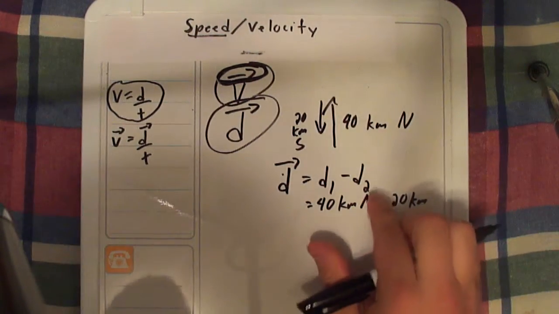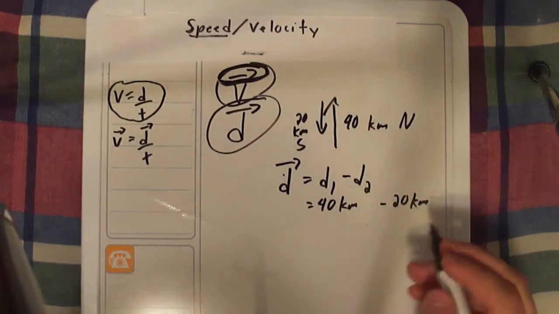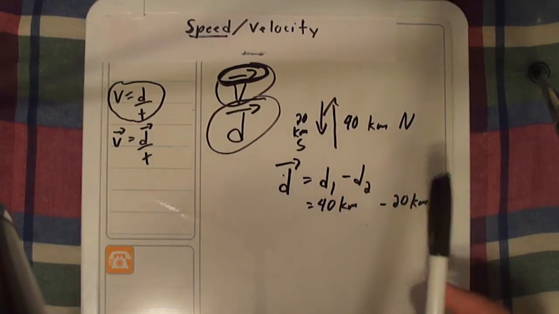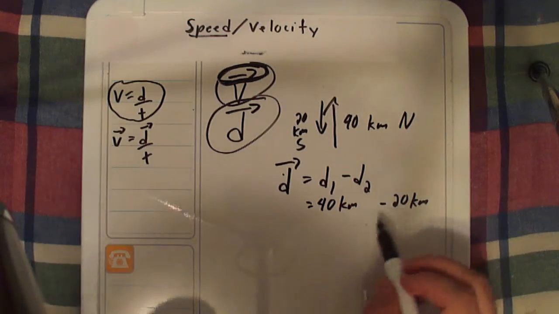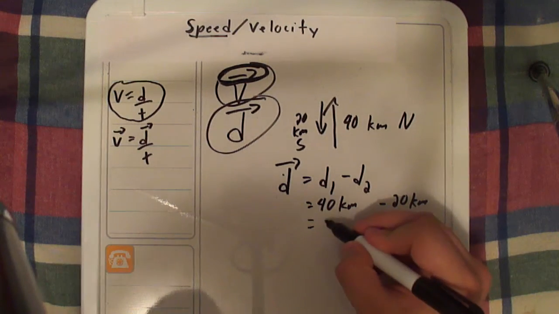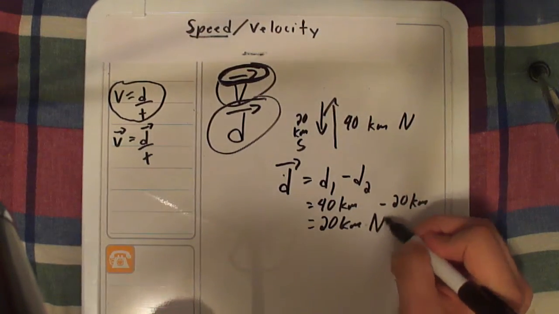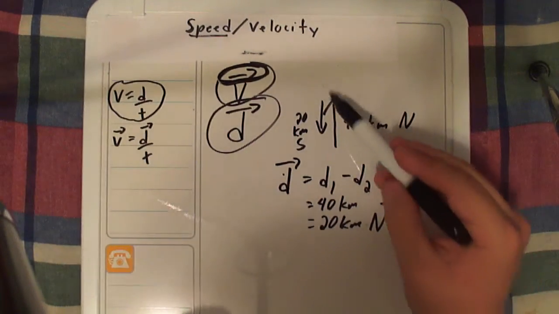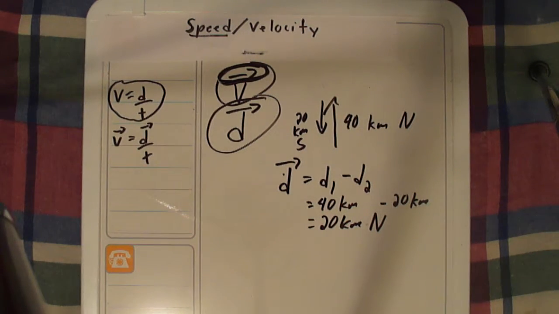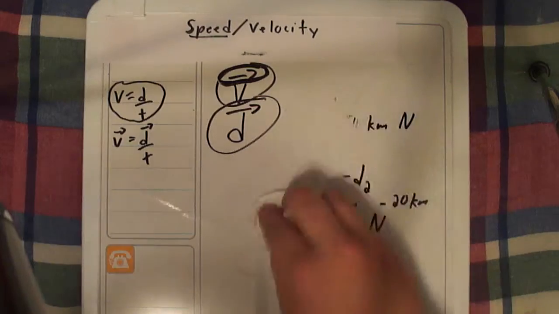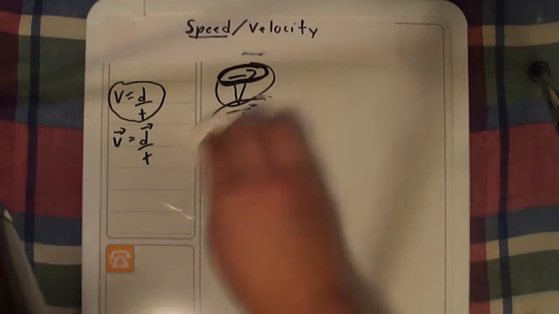So you only traveled 20 kilometers north total. Because you went up 40, you went back 20, you're left with 20 kilometers north. Total displacement is how far you went in one direction or another.